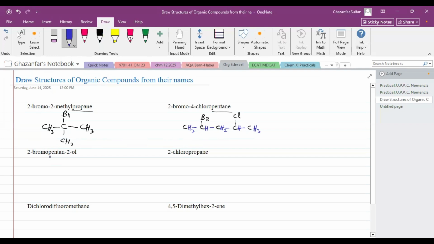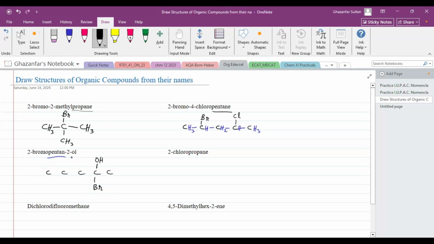Now, again, pentane is the parent chain. So 1, 2, 3, 4, and 5 carbon atoms. On second position, OH is there. Either on the top or bottom, you can draw in any way. And on the second position, bromo is also there.